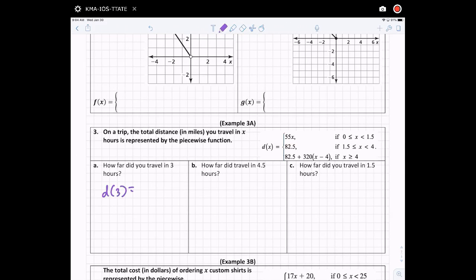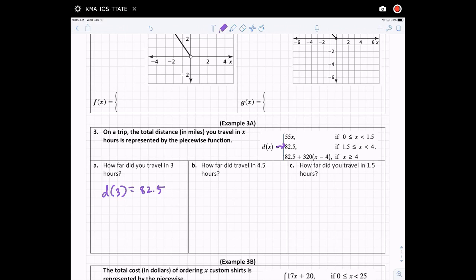D of 3 is equal to, and I'm using the second equation, 82.5. Do I need to plug the 3 in anywhere? No, because there's no x. So actually, that's my answer, 82.5. That one's a little bit easier because there's no variable to plug in. The first equation or even the third equation looks a little bit ugly.